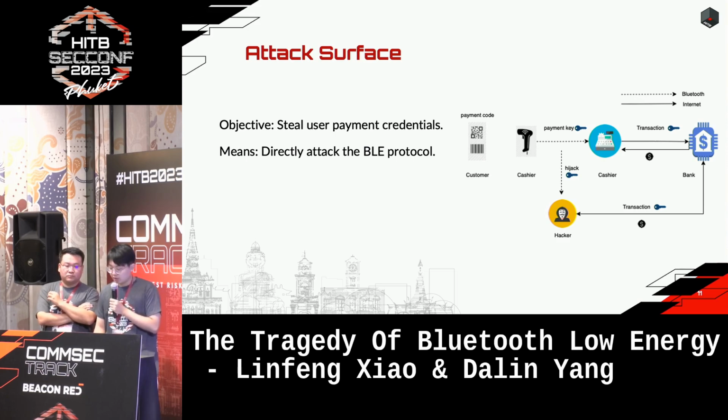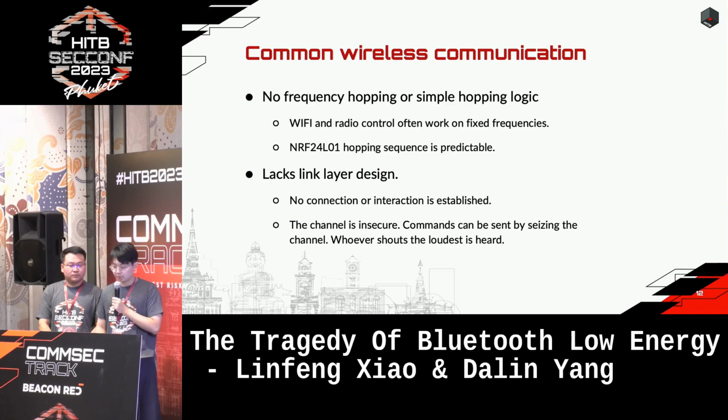After analyzing the BLE communication of the barcode scanner, there is no application layer design at all, completely relying on BLE link security. So what we need to do is hijack BLE. We only need to attack BLE itself.